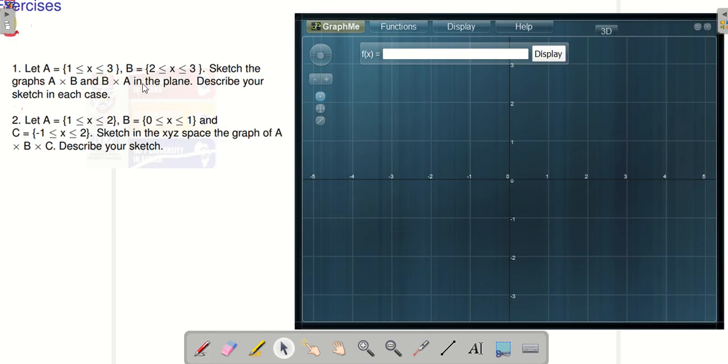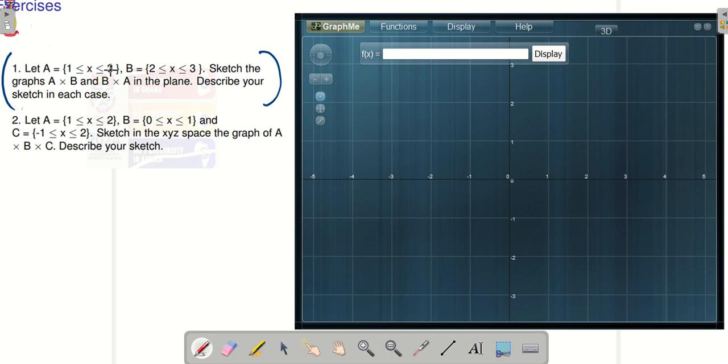So let's do this exercise, then we close this lesson. Let's just do the first one, then you will try the second one. So we are solving this. Let A be equal to 1 to 3.